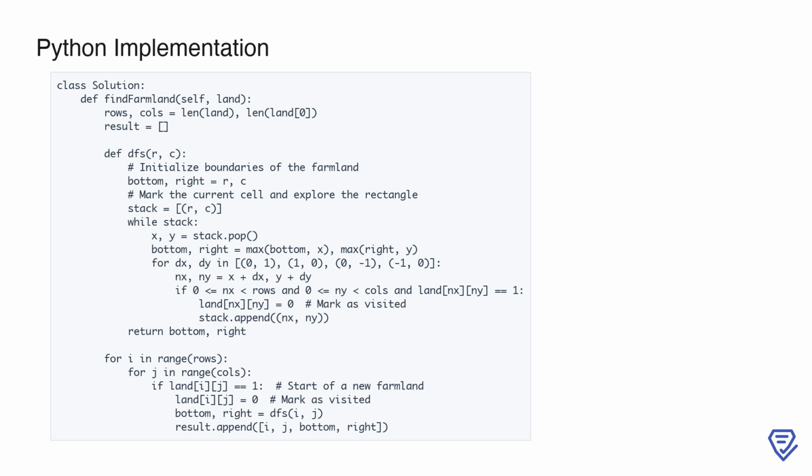For every cell we visit, we update the bottom and right boundaries to ensure they encompass the entire farmland group. We also check all 4 possible directions: right, down, left, and up, ensuring we stay within grid bounds and only visit unvisited farmland cells. Once all connected cells are processed, the function returns the bottom right coordinates of the farmland group.